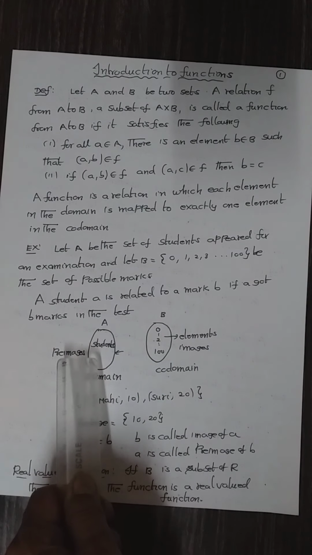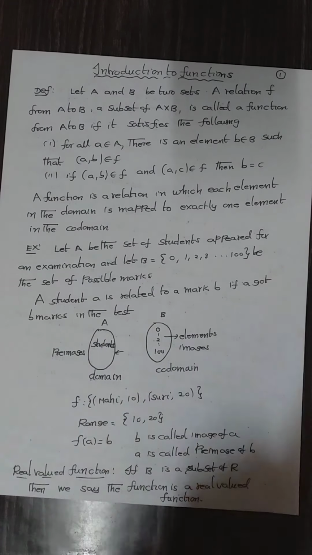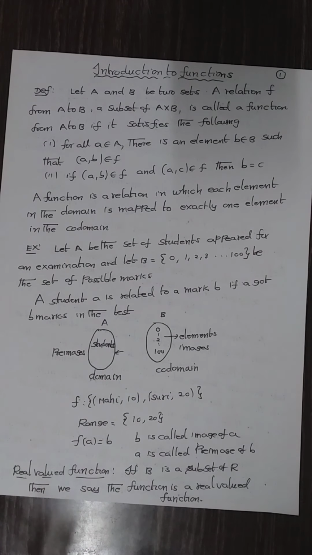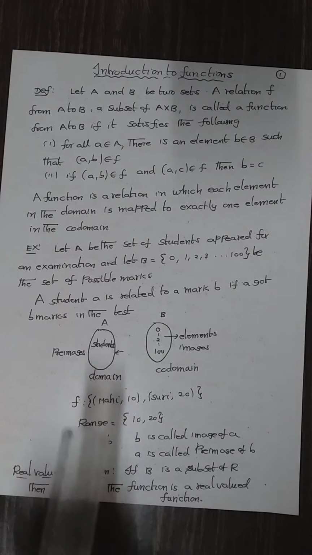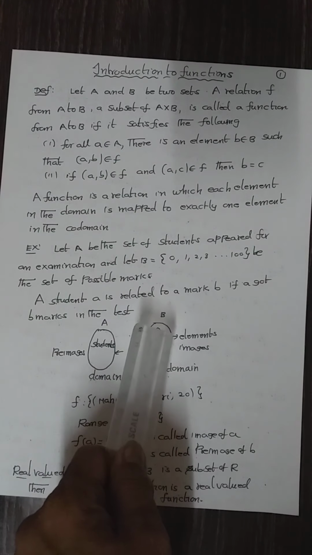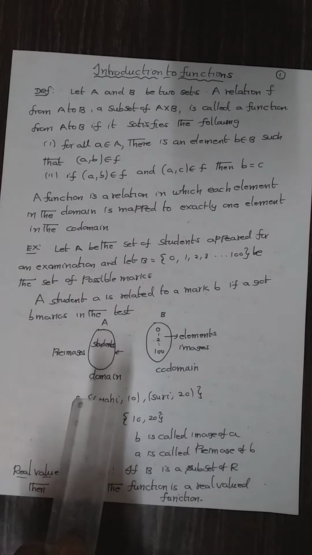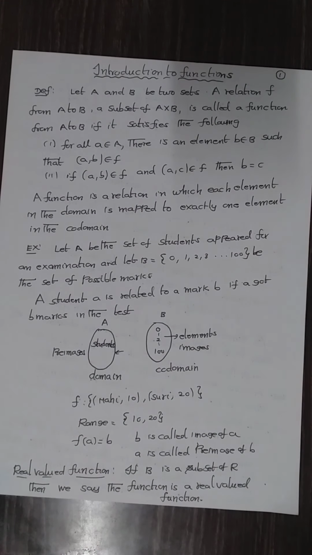Another student got 20 marks, you can relate it to 20 marks. Some student got 0 marks, you can relate to 0 marks. So every student has a unique mark. That means every element in set A has a unique element in set B. That is the meaning of a function. You cannot find any student without a mark. Even 0 is also a mark.